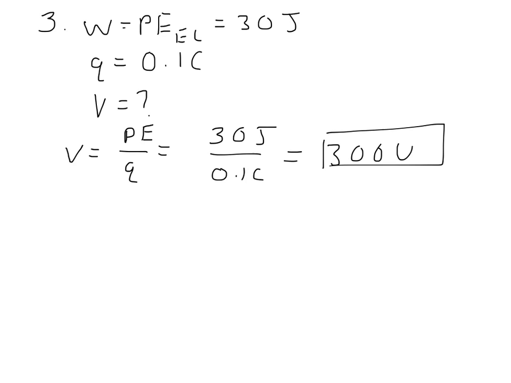Alright, let's move on to number 4, which is a capacitance problem. It says, what is the capacitance of a parallel plate capacitor made of 2 square aluminum plates that are 4.6 centimeters in length on each side and are separated by 8.1 millimeters?